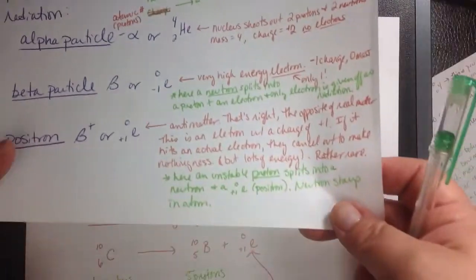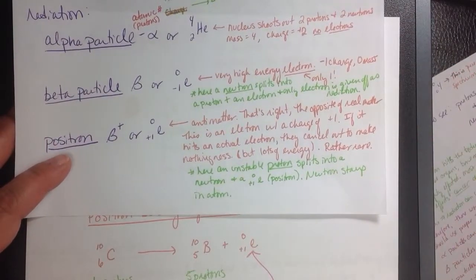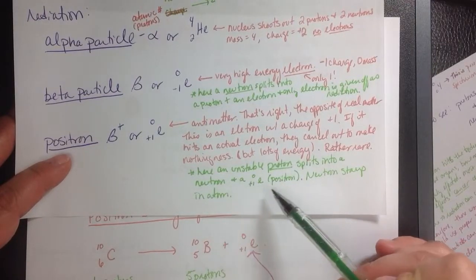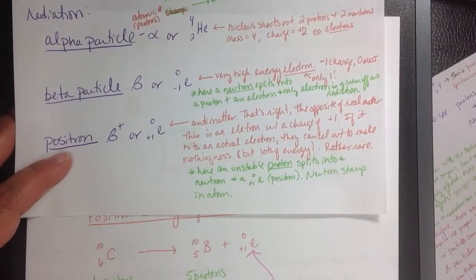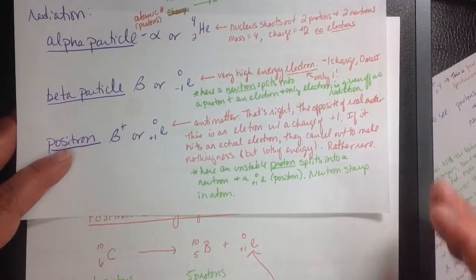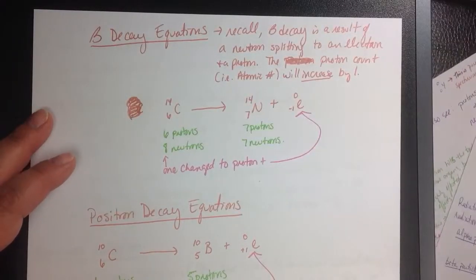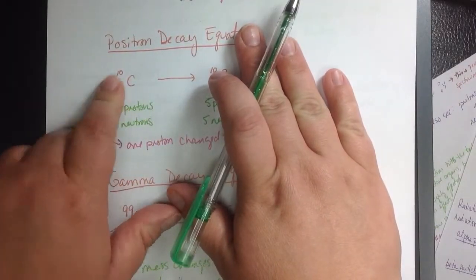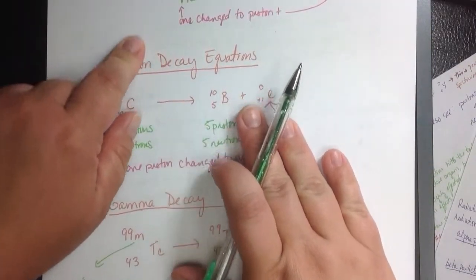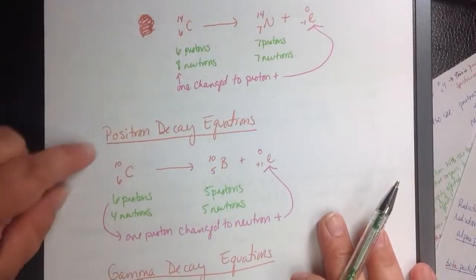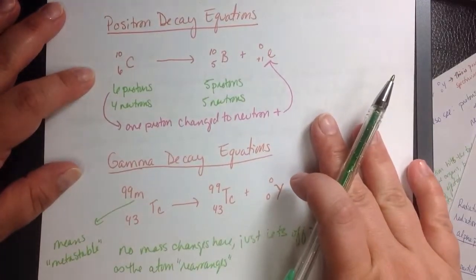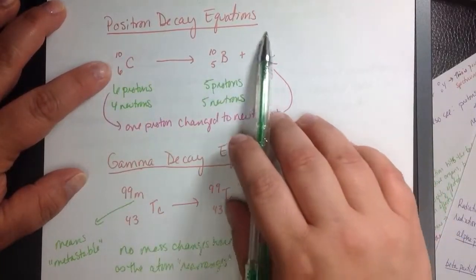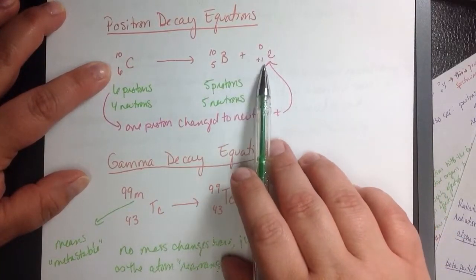Okay, next, positron. Again, antimatter. Here a proton splits into a neutron and a positron. So again, the number of protons is going to change, just in the opposite direction. Okay, so we start with another carbon. This is different than the carbon up here because that was carbon 14. This is carbon 10. The overall mass does not change because we end up with a positron over here, so that's plus 1.